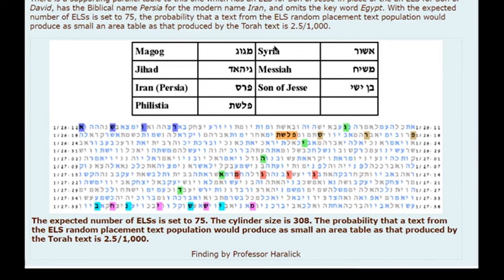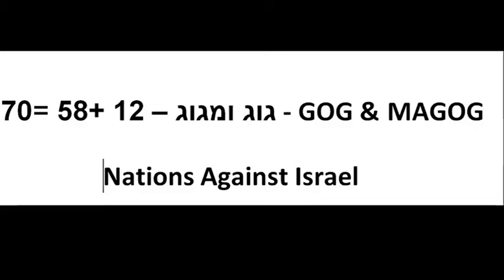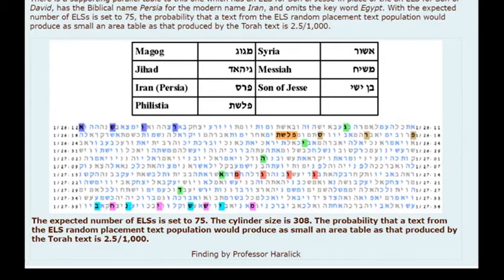Messiah, because all this Gog Magog, as we saw, will be a sign of the coming of the son of Jesse, son of David. So as I said, very interesting tables based on the idea that really Gog Magog are nations, the enemies of Israel, which we see today very, very clear.